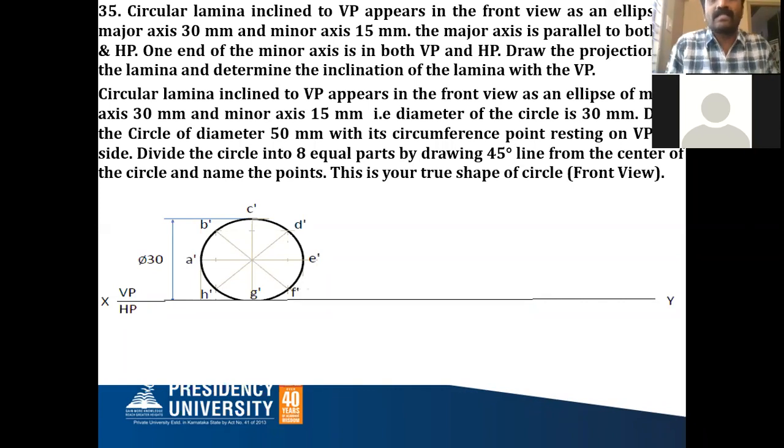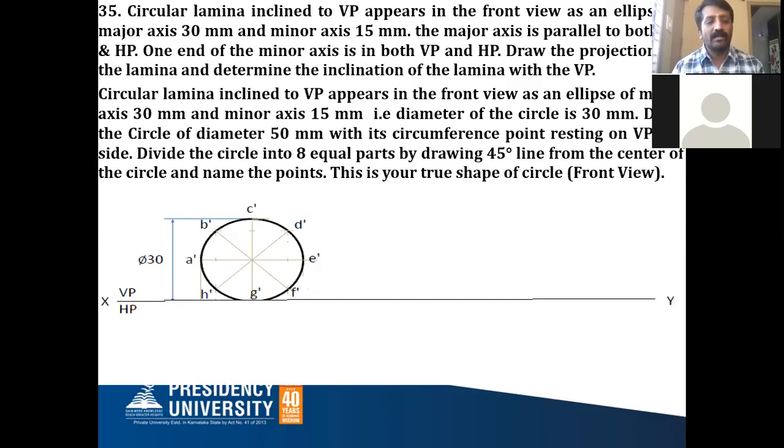So in this example, you have to read once or twice or thrice to understand what exactly is given. This type of exercise we have discussed in square lamina. A rectangular lamina we have discussed, where the rectangular lamina looks like a square in the top view or front view. We have discussed one example.